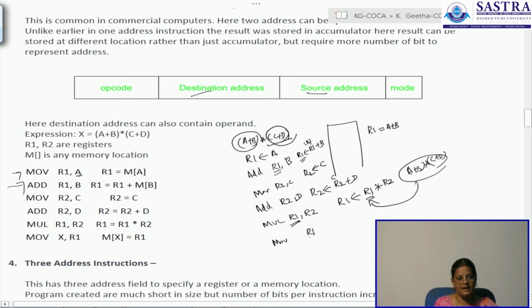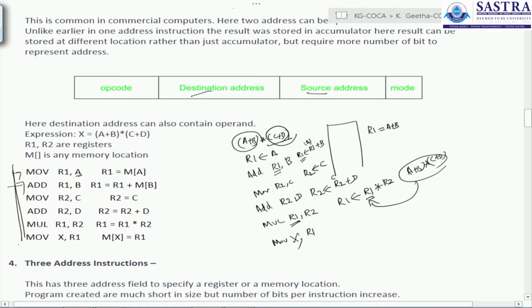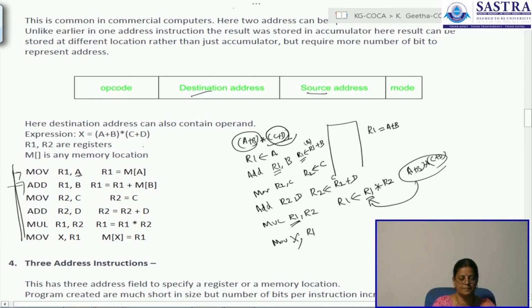R1 has the answer, so I can specify the address to which I have to move it and get that answer. This completes the evaluation of the expression A plus B star C plus D, which involves two addresses, one for the memory and another for the register address. This is how the operation happens for solving A plus B star C plus D.